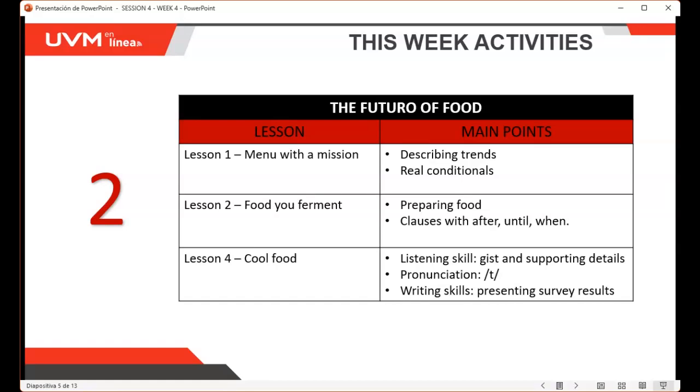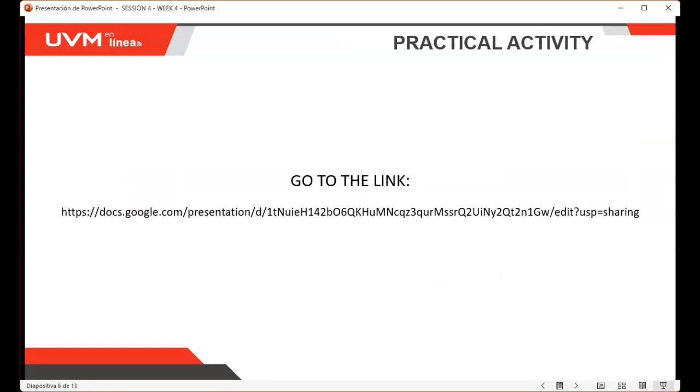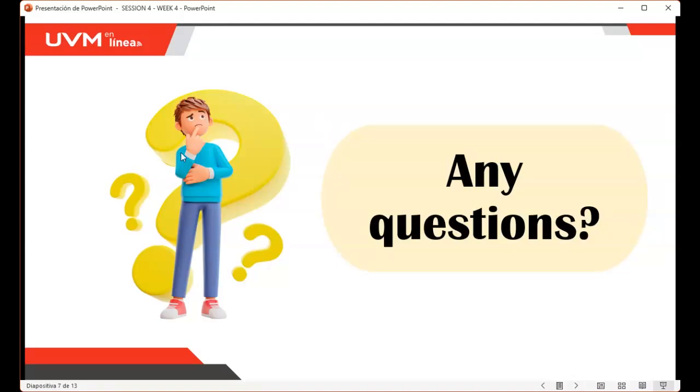So let's go with the practical activity, which in this case is not going to be exactly a practical activity, but we're going to try to do so. I will share with you again my summary because I work with vocabulary. Well, no, let's go to the presentation. First of all, we're going to work with vocabulary.